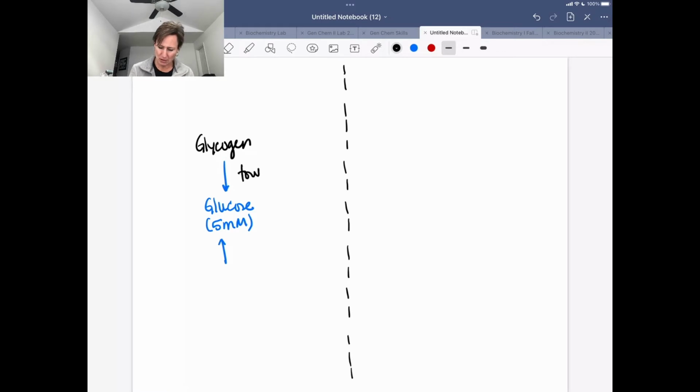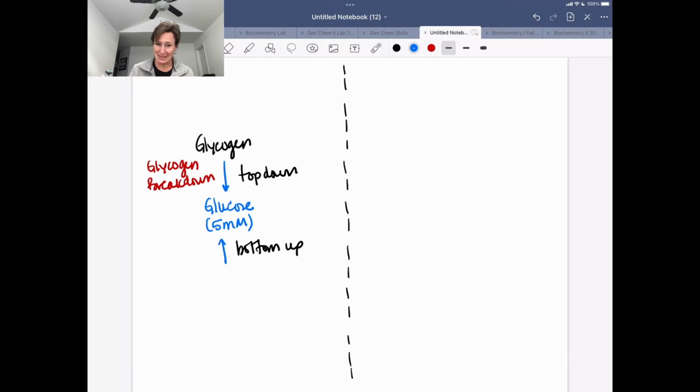So this is what we call our top-down approach, and this is glycogen breakdown. We also can have what we call a bottom-up approach.